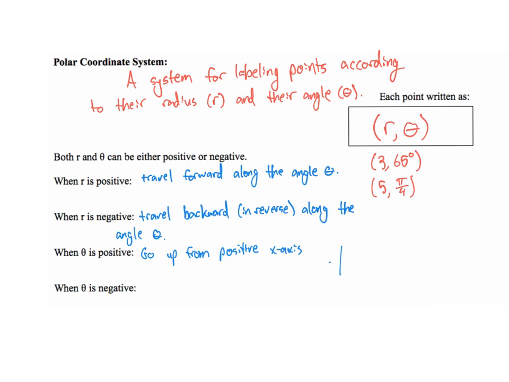Remember that angles like this are positive thetas. And when theta is negative, you go down from the positive x-axis, in this way. So this would be a negative theta.